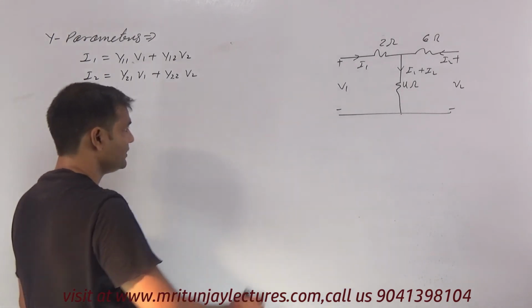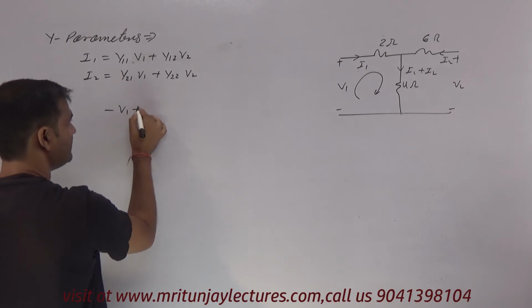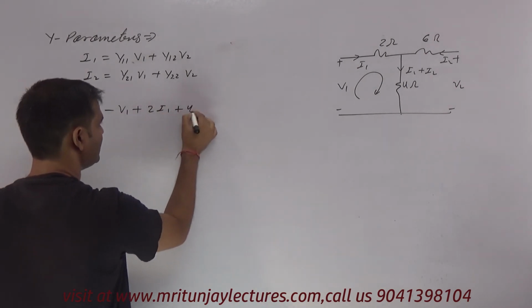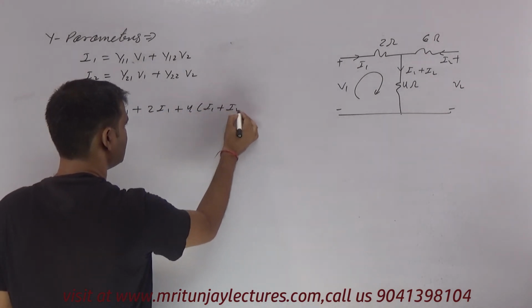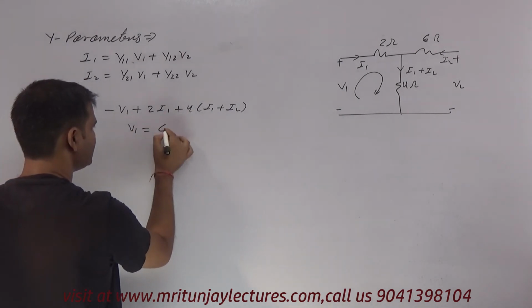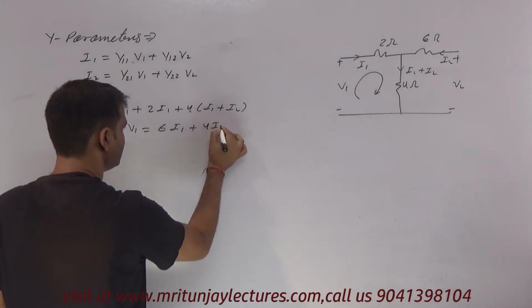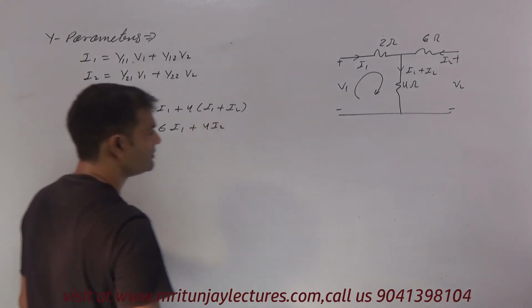If we follow this loop, we get minus V1 plus 2I1 plus 4(I1 plus I2). So first of all, 4 plus 2 is 6 I1 plus 4 I2, equation number 1.